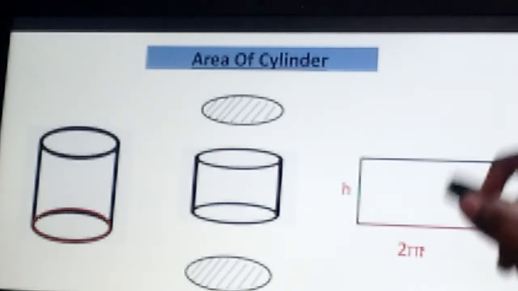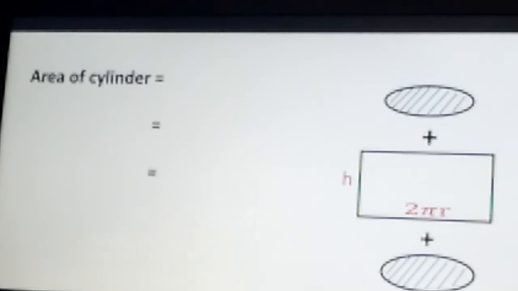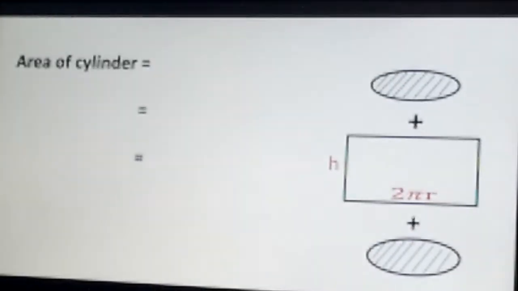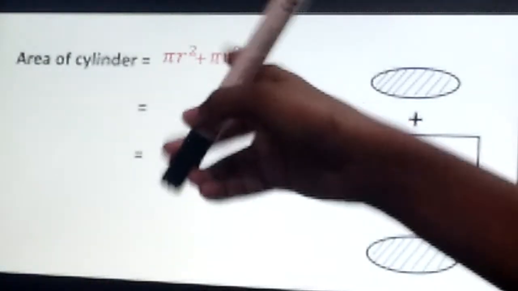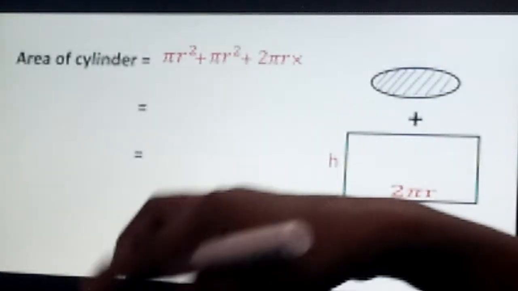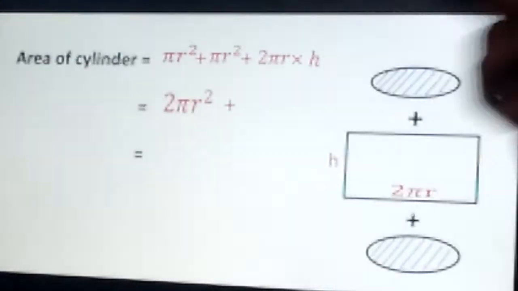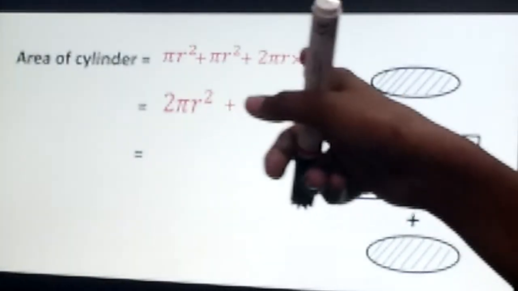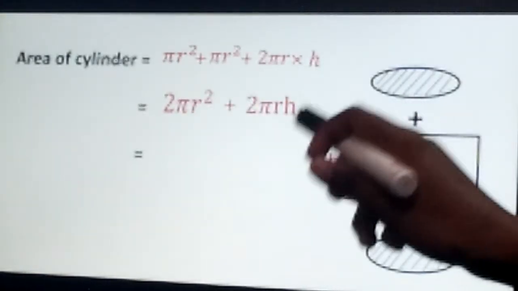Very good. So we have the area of the cylinder is the area of the top circle plus the area of the bottom circle plus the area of the rectangle. So the area of the top circle is pi r square, the area of the bottom circle is pi r square, and length into breadth is 2 pi r multiplied by h. Now we have 2 pi r square plus 2 pi r h.